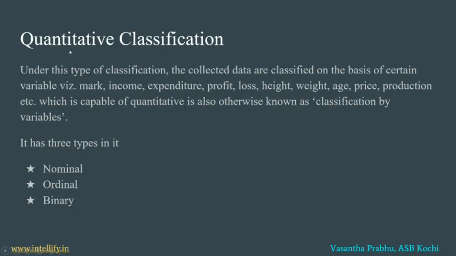Next and final classification is quantitative classification. Under this type of classification, the collected data are classified on the basis of certain variables. Example: marks, income, expenditure, profit, loss, height and weight, age, price, population, etc. Here it is purely based on numbers.